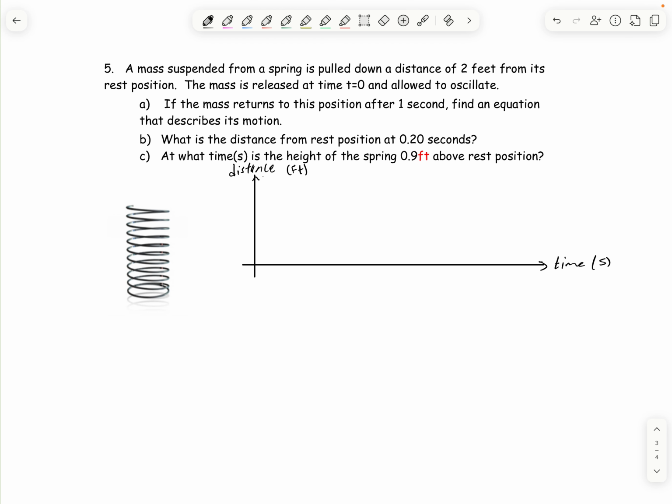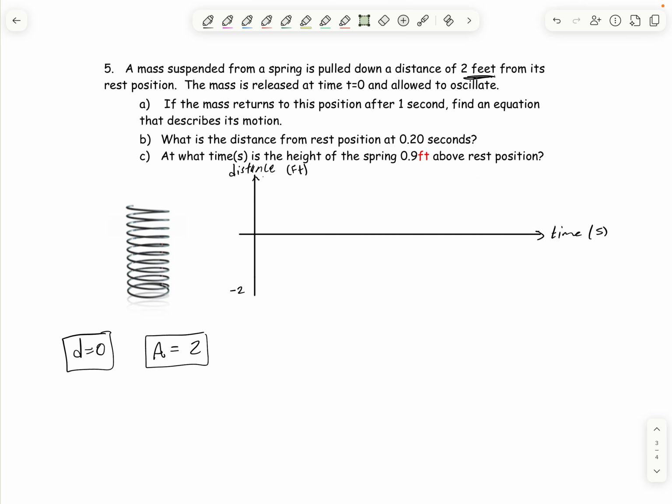Here, I'm measuring distance from the rest position, right? So the rest position, I want to make the midline. So that's d equals 0. That's my midline. The amplitude, so I start 2 feet from the rest position. I let go. So the amplitude is equal to 2. Right? So what's going to happen is my minimum is going to be at -2, and my maximum is going to be at +2. So really, I should probably make this graph like this.